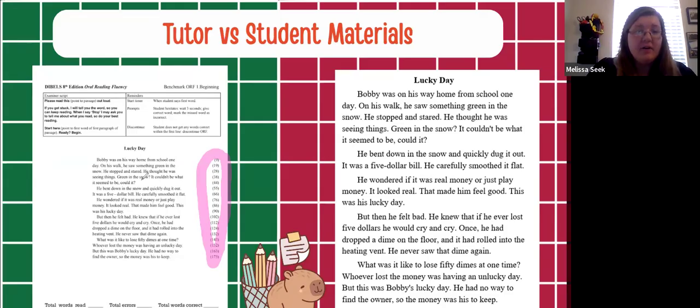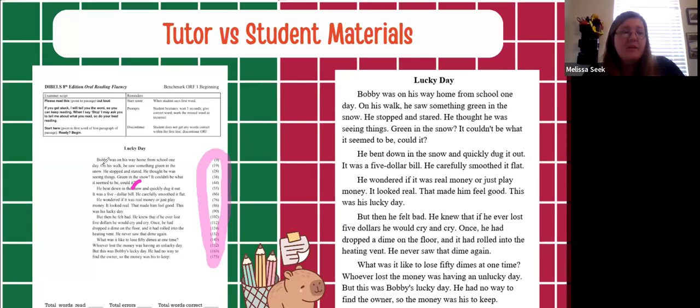Say I got all the way to "could it." I'm going to mark here that that's where they ended, and I can go over to this line and know that they read 44 words total. It's so you don't have to go back and count 1, 2, 3, because you'd be here forever. So these numbers on the side help you gauge that the last word is 44.